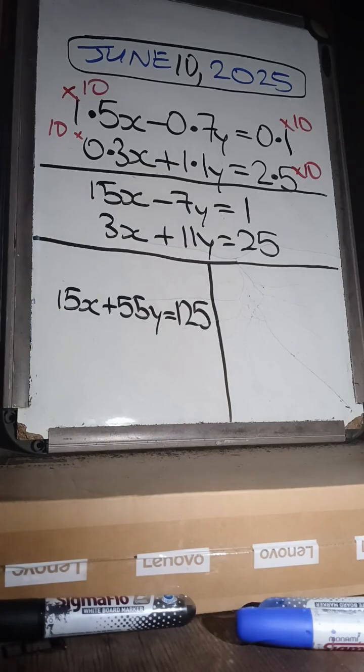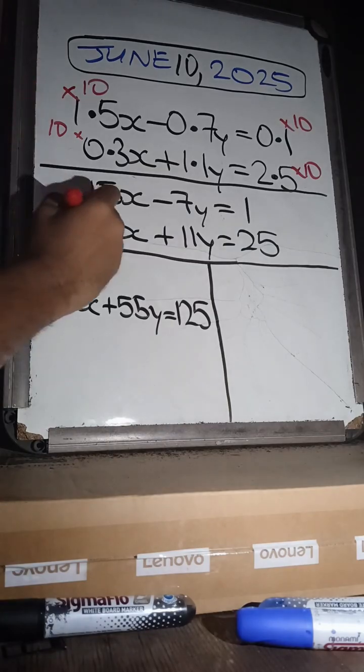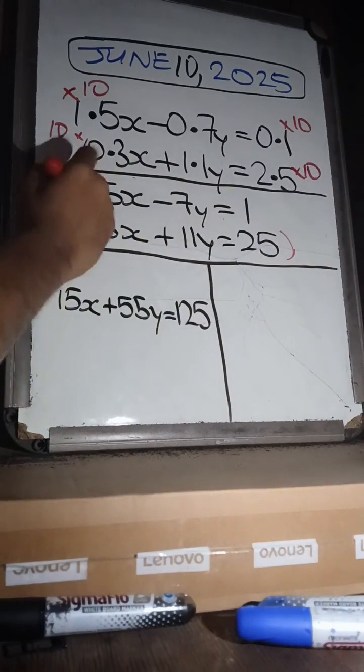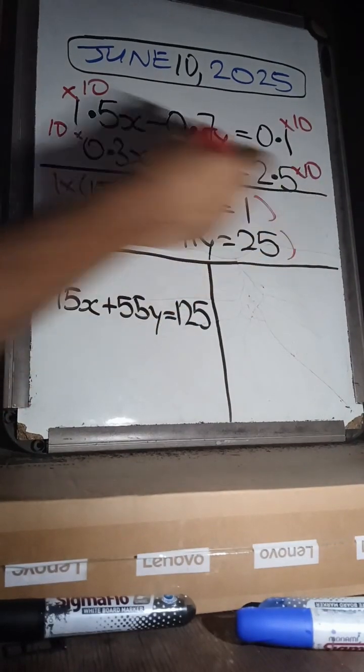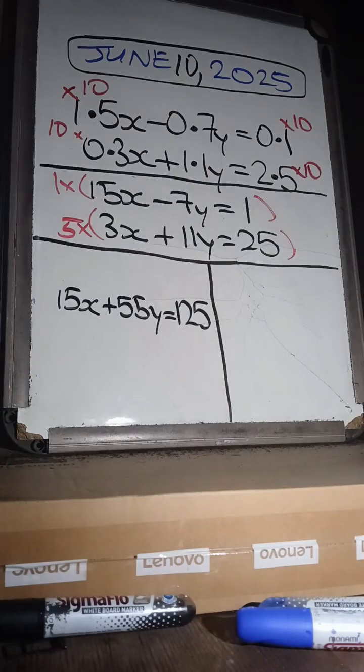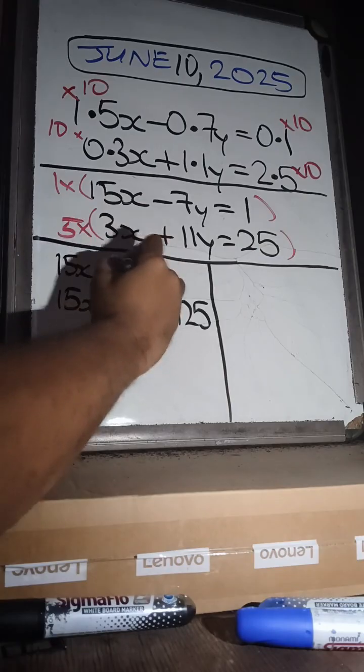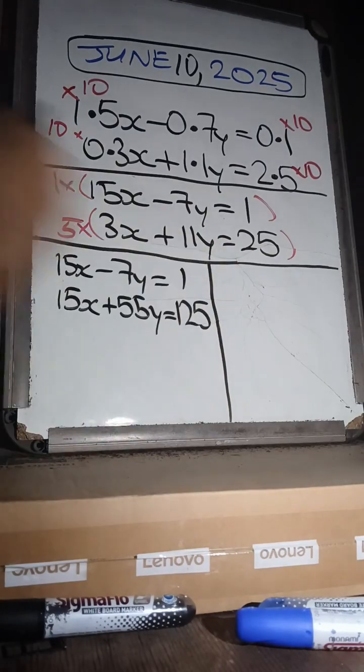Right? So just to put a long story short, I multiplied everything here by 5 and everything here by 1. So therefore this up here will stay the same. 15x minus 7y is equal to 1.